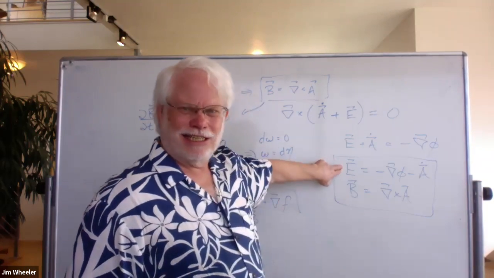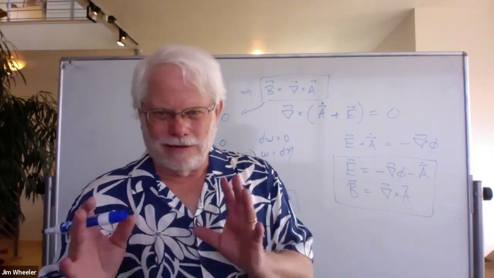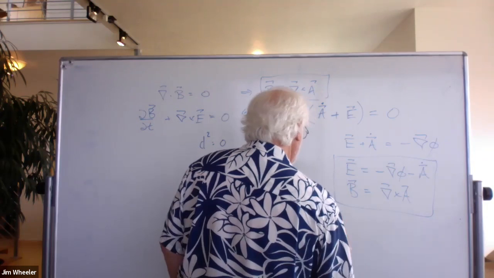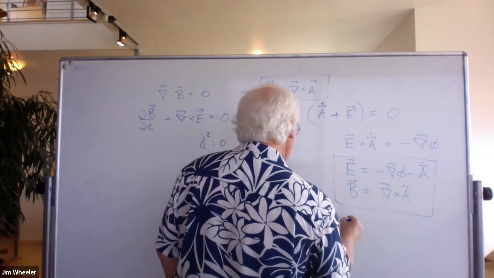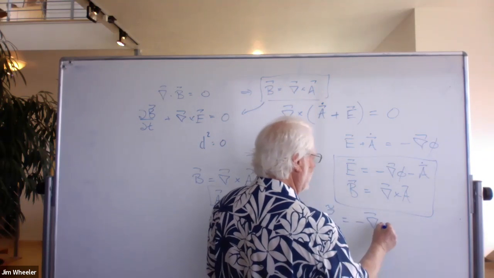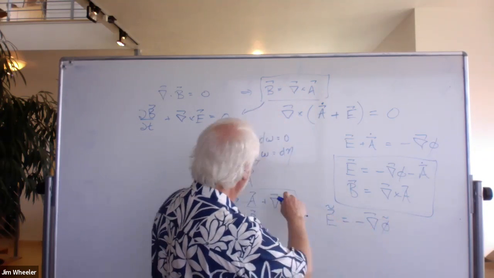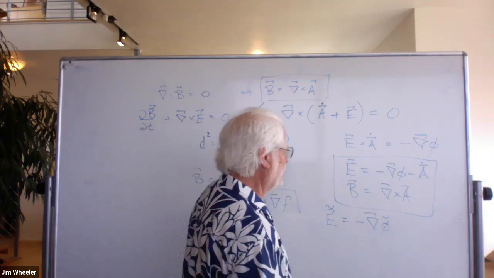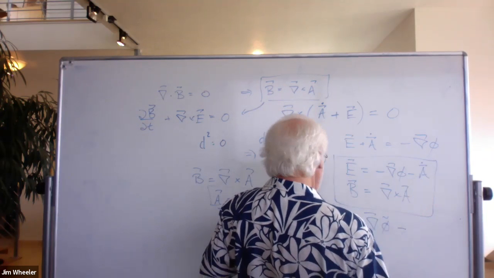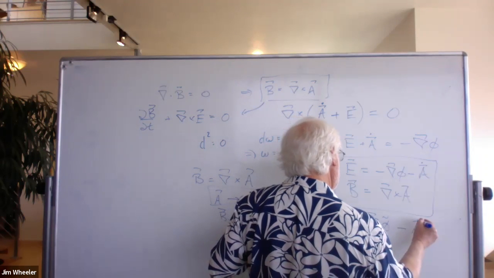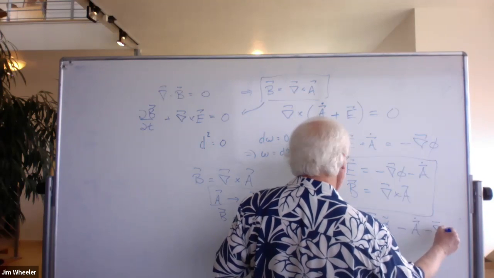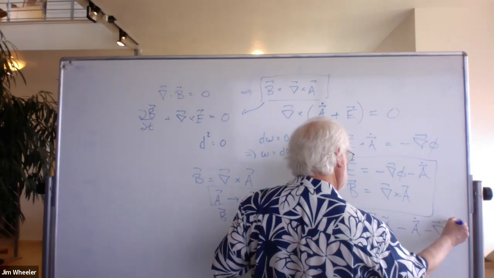Well, let's see what that does to E, though, because if we're going to muck around like this, we've got to keep both of these things unchanged. So this means that the new E is going to be minus the gradient of what? Well, let's allow phi to change too. We're allowing A to change, so we should also allow phi to change. Then here, subtracting A dot, okay, we have A dot, but now there's minus grad f dot.